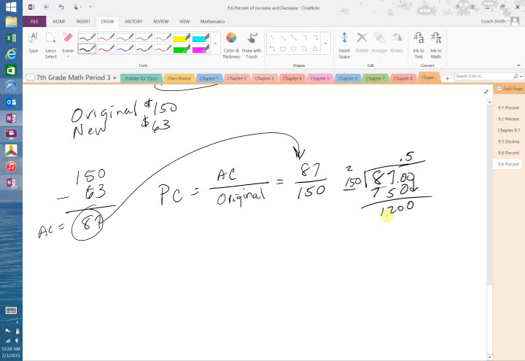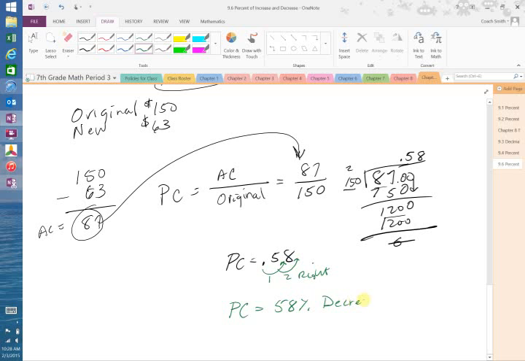Well, 15 goes into 120 8 times. So it is 1200. Remainder 0. So now I have 0.58 as my percent of change, but I have to do the final step, which is to move the decimal 2 places to the right to convert it to a percent. So the percent of change, 58% decrease.